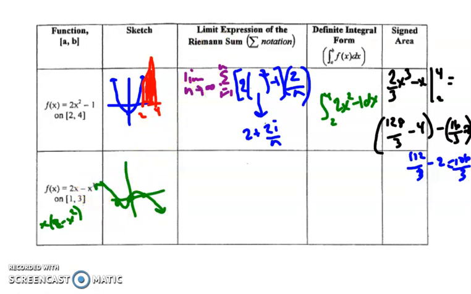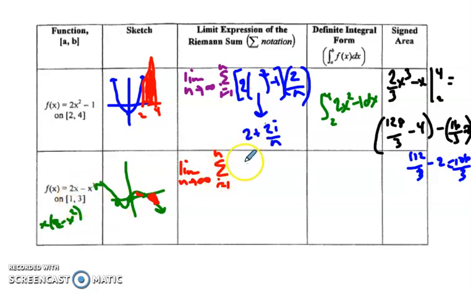And then I'm integrating from 1 to 3. When I integrate from 1 to 3, I get an interval that goes from here to here. So I have one section above the x-axis and one section below the x-axis, but that shouldn't make any difference. I'm then taking the limit as n goes to infinity of the summation from i equals 1 to n.